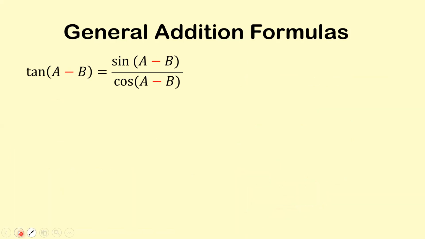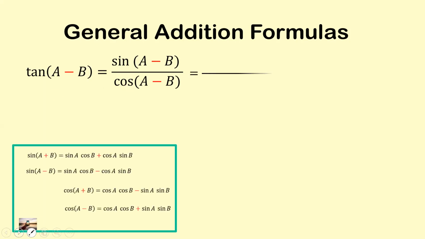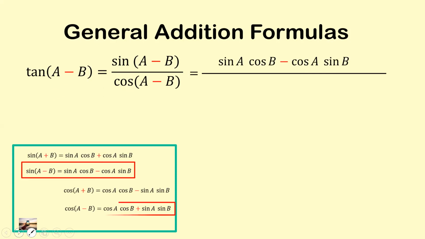Okay. So we can derive the tangent of a difference similarly. So sine of a difference over cosine of the same thing, no? A minus B. So using our formulas again, we have this for our numerator and we have this for our denominator. Let's place it there. Okay. So, ang pang-divide naman natin, si cosine A, cosine B pa din, no?